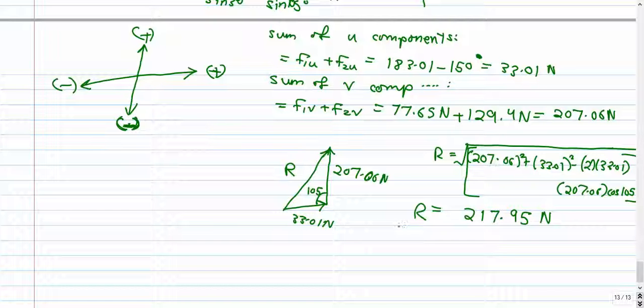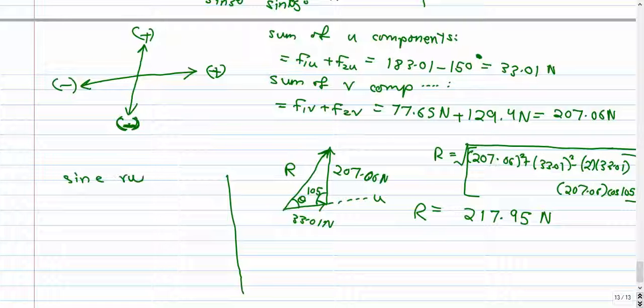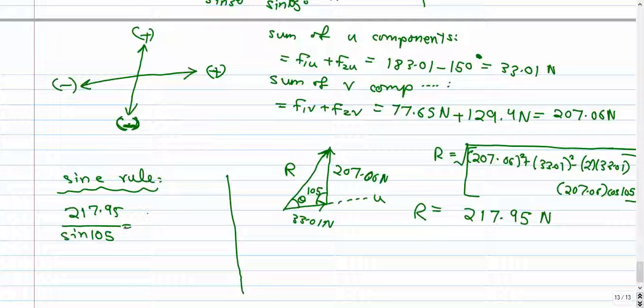Lastly, to get the direction, we can simply apply the sine rule to get this angle theta, since this is the angle between the positive u-axis and the resultant vector R. According to the sine rule, the resultant, 217.95 newtons, divided by sine of 105 degrees, should be equal to 207.06 divided by sine of theta.